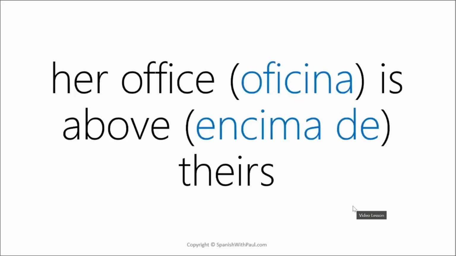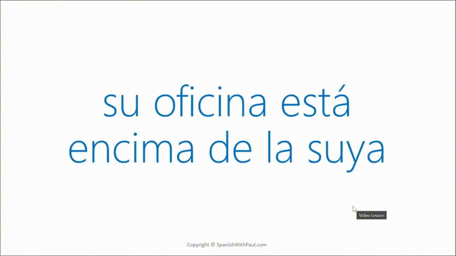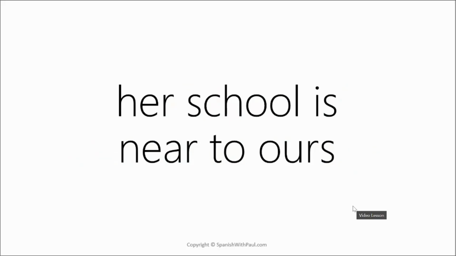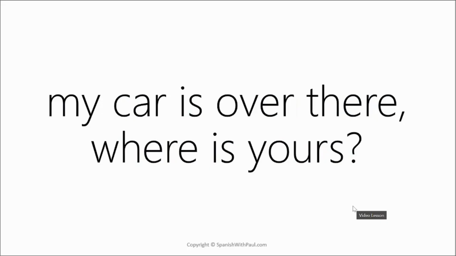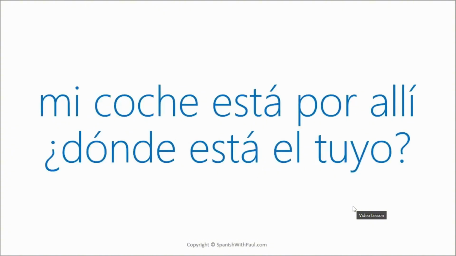Her office is above theirs. Su oficina está encima de la suya. Her school is near to ours. Su escuela está cerca de la nuestra. My car is over there. Where is yours? Mi coche está por allí. ¿Dónde está el tuyo?